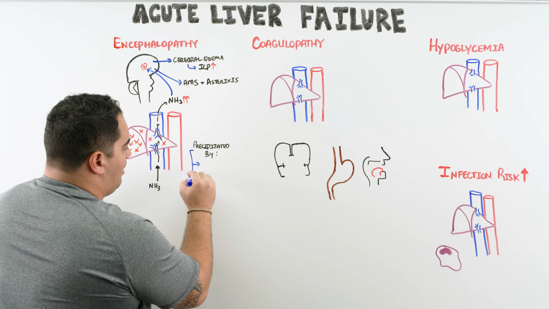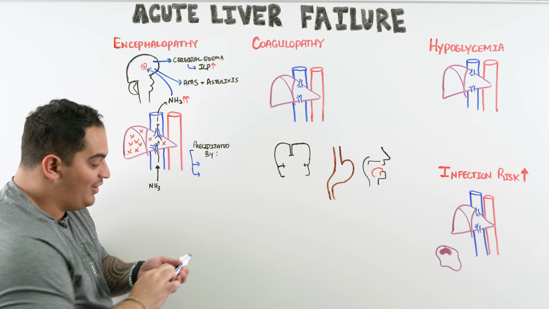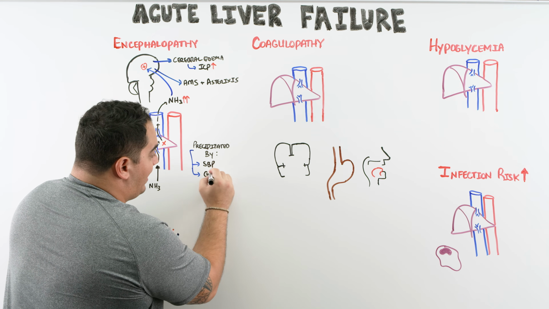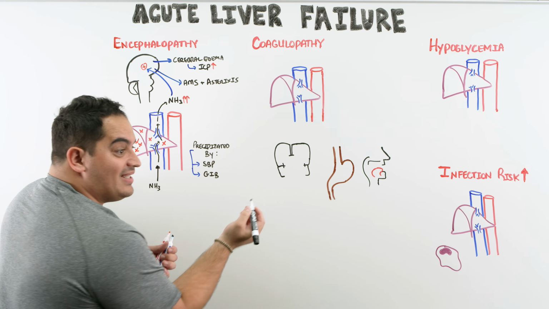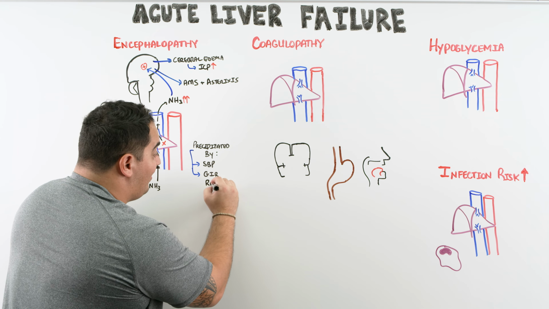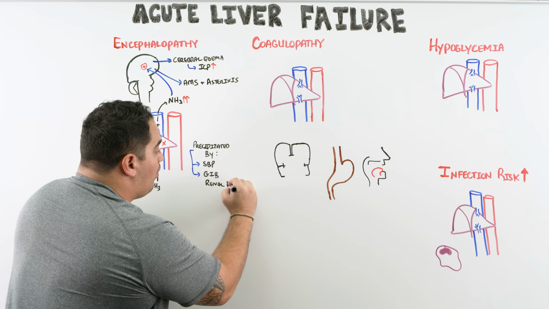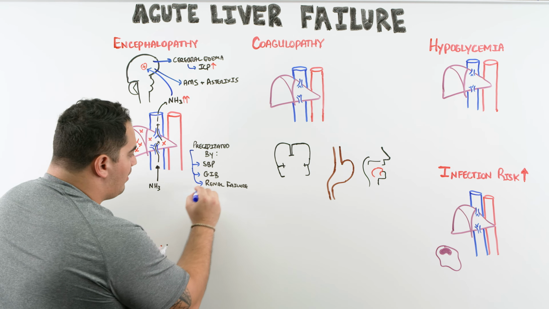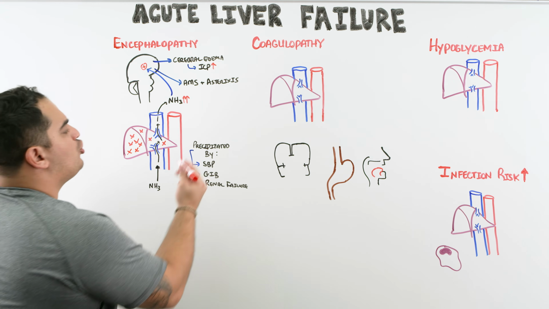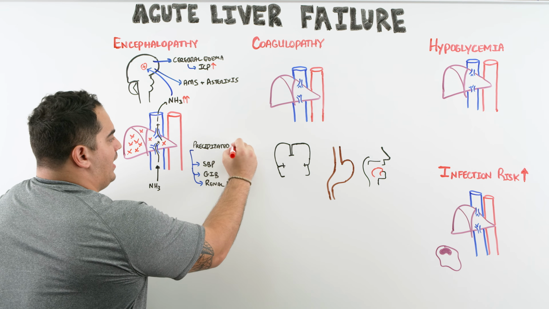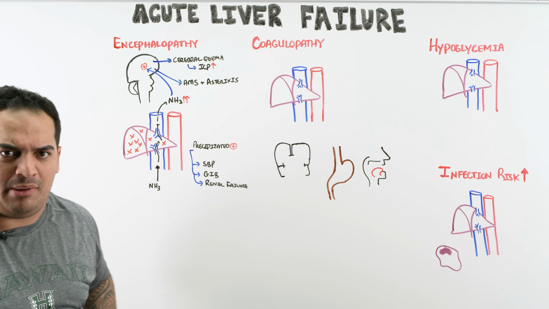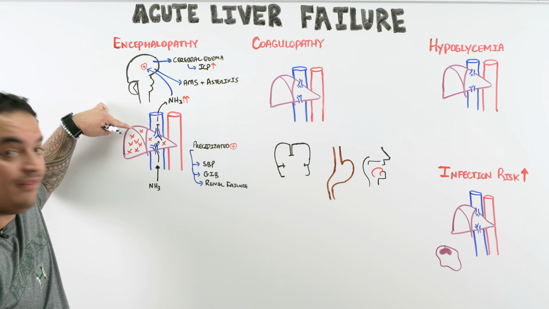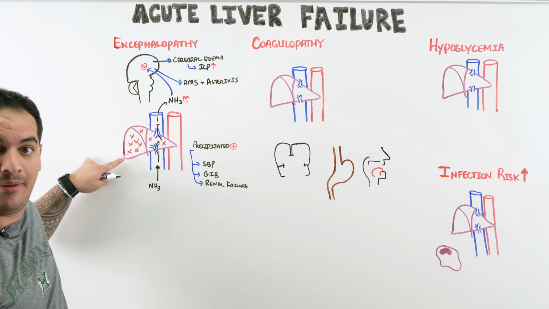Sometimes it could be precipitated by infections like SBP, spontaneous bacterial peritonitis. It can be exacerbated by GI bleeds. It can be exacerbated by renal failure where you can't clear the ammonia, or dehydration. These are important things to consider as a trigger. So this can be precipitated by infections like SBP, GI bleed, renal failure, hypovolemia, in the setting of liver dysfunction, acute liver failure.